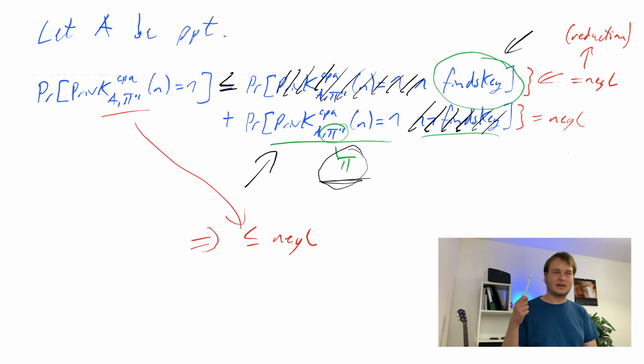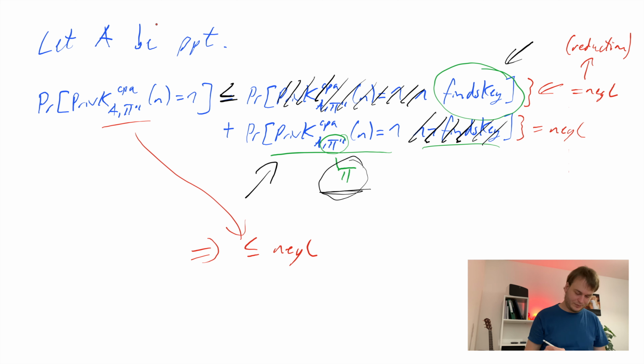Because if I add up two negligible functions, then the result will still be negligible. Oh, one small correction. This negligible here is not actually true, right? Because the probability that A wins the CPA game against the secure scheme pi is not actually negligible. It's 1/2 plus negligible.